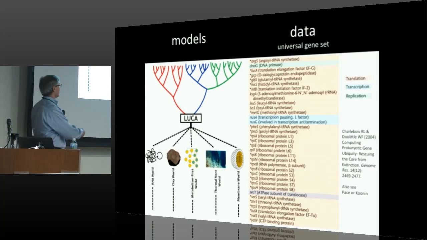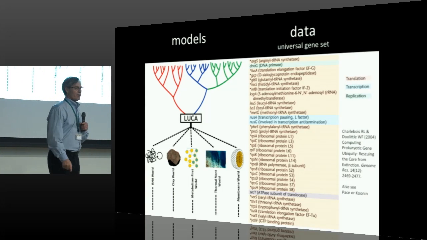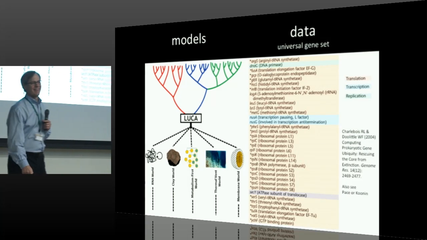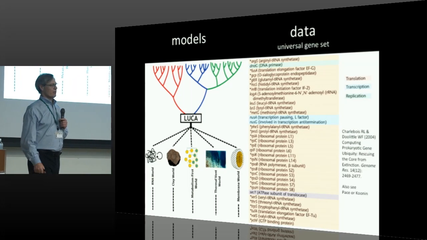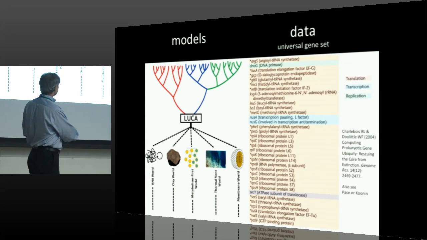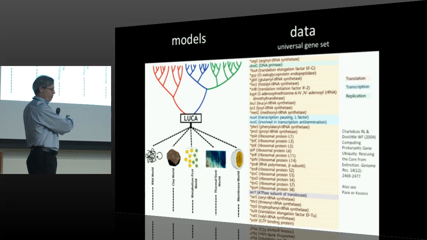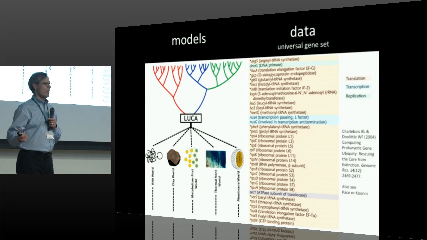Another thing I'll point out about this list, I'll sort of poke Eric a little bit. People focus on things that are universal in biology, but because there is this disconnect between the data and the models, they tend to focus on small molecules.